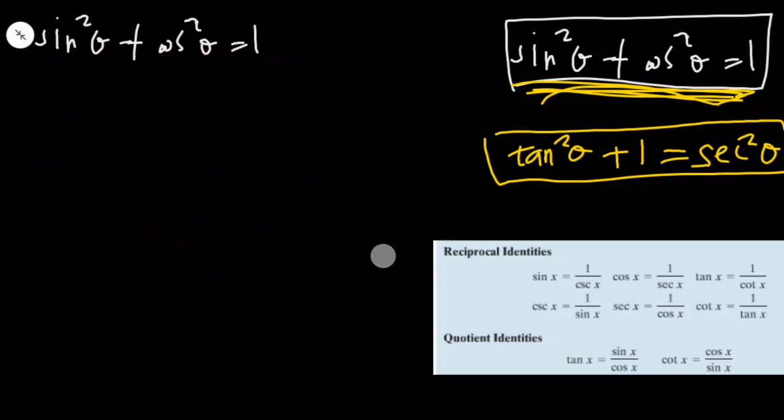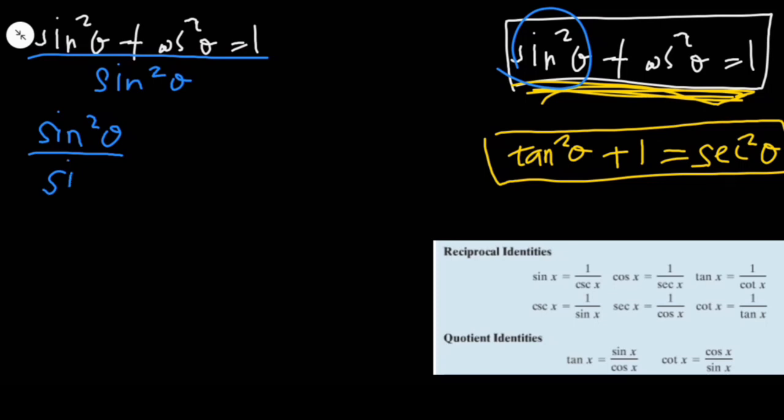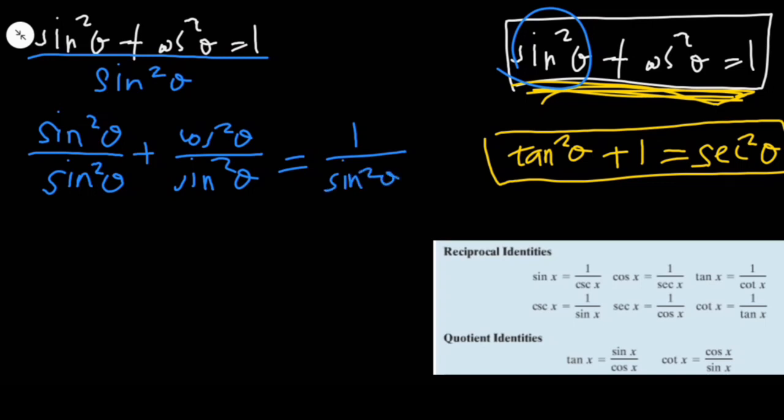Since we're already done dividing by cosine squared theta, we're now going to divide by sine squared theta. So sine squared theta over sine squared theta plus cosine squared theta over sine squared theta equals 1 over sine squared theta.